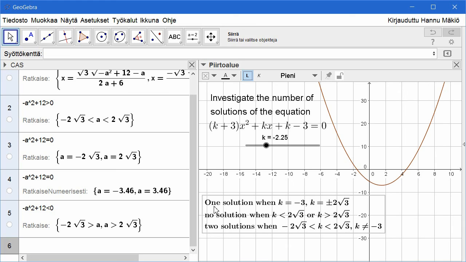I got that there will be 1 solution when k is minus 3, or when k is plus or minus 2 times square root of 3, and no solutions for these values here, and 2 solutions from this here, but I have to remember that k cannot be minus 3 because then it was only a first order polynomial. And now I'm ready. Thank you.